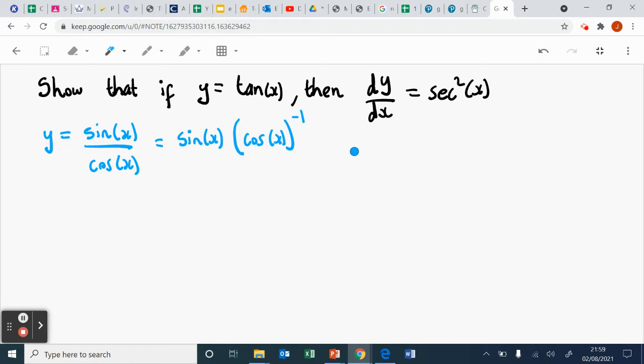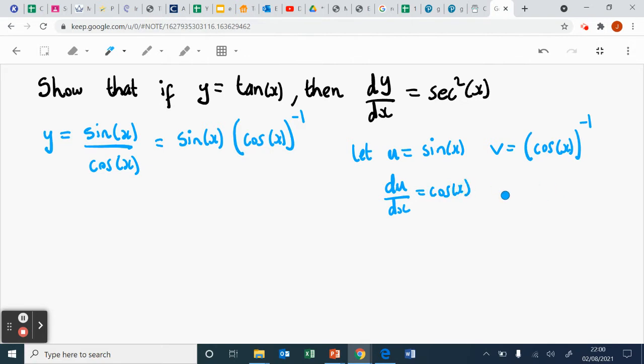Okay, so we let u equal sine x and let v equal cos x to the power of minus 1. Then we let du dx equal cos x, because sine x differentiates to cos x. dv dx, well, this was an interesting one.